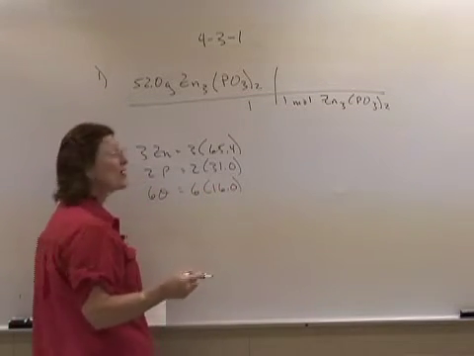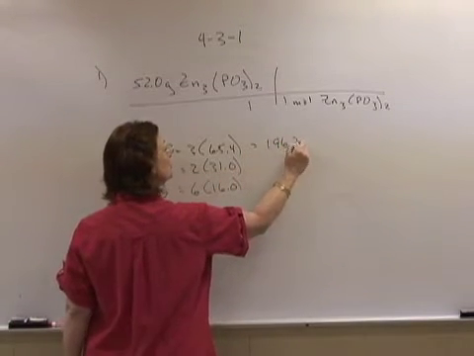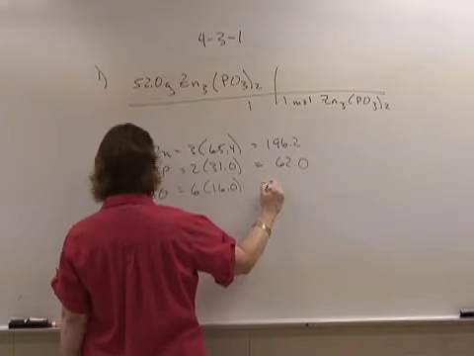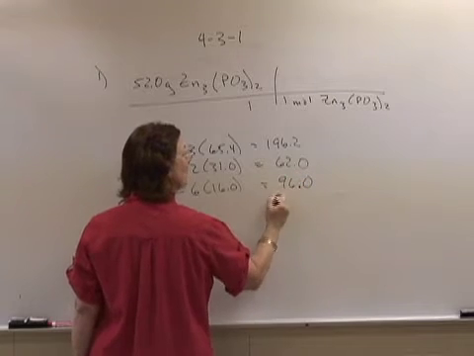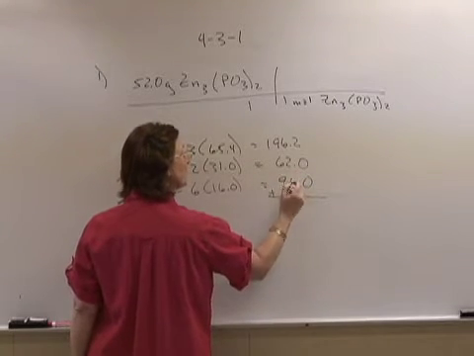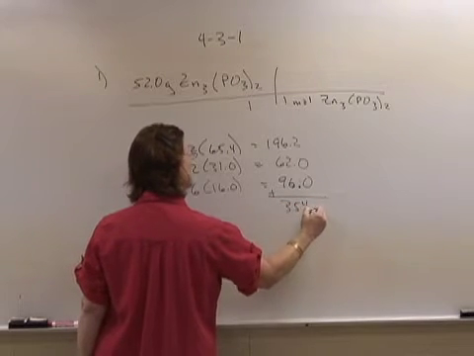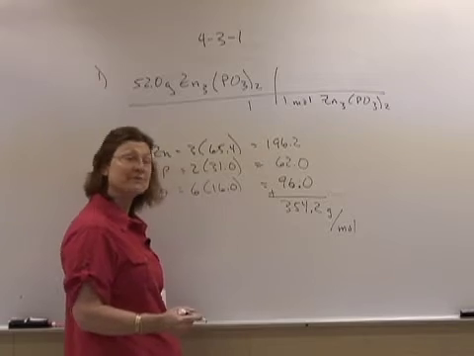Here I get 196.2 and 62.0 and 96.0. When I add all of these numbers up, we get 354.2 grams per mole. That is our conversion factor.